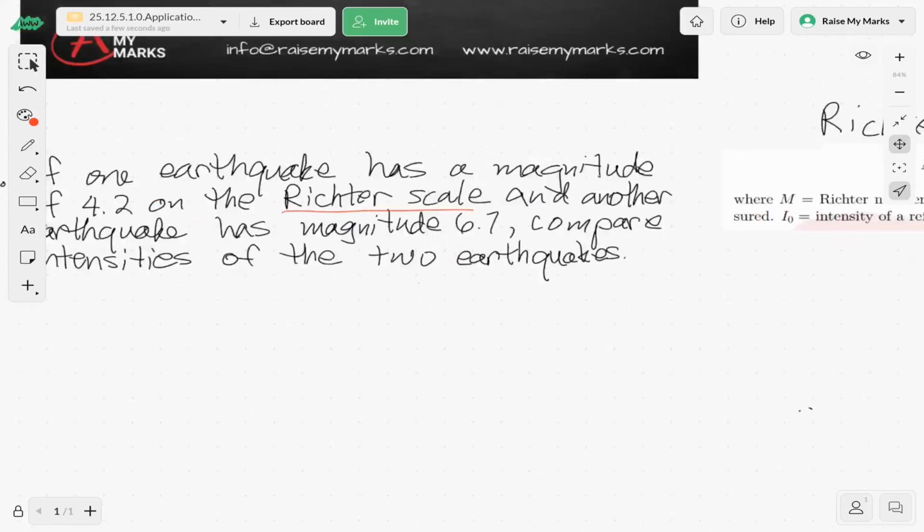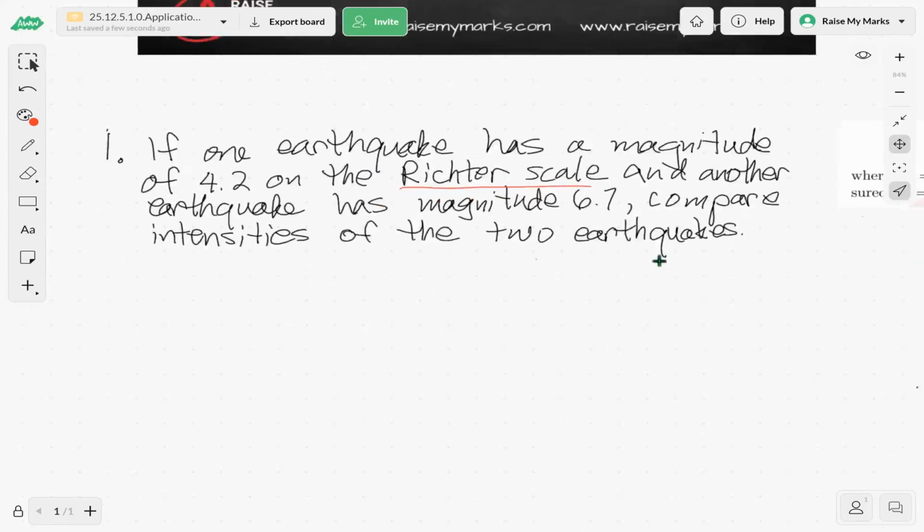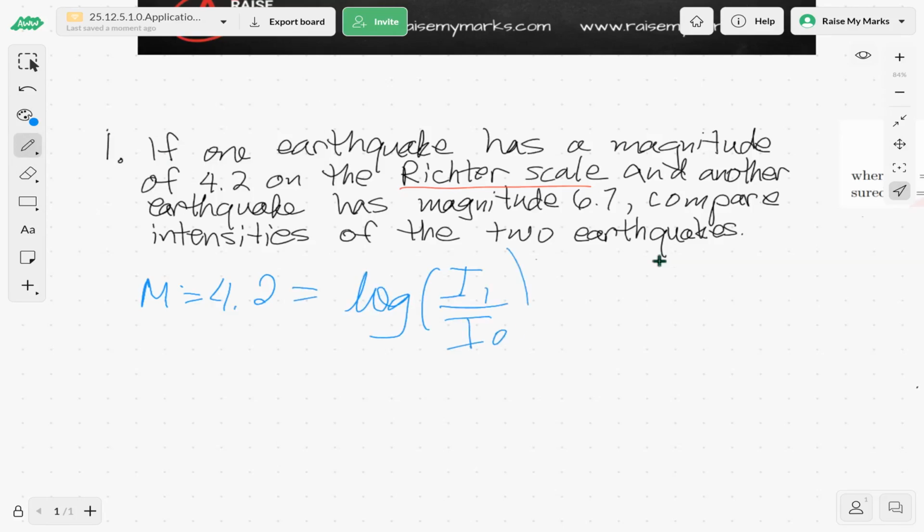All right, so with this formula, let's go back to our question and see if we can relate any information from the question to our formula. So we have one earthquake that has a magnitude of 4.2 on the Richter scale. So this is probably our M. Sorry, our M is 4.2. So this earthquake, we'll call it earthquake 1, has some intensity I1, and we're comparing that to our reference earthquake with intensity I0.